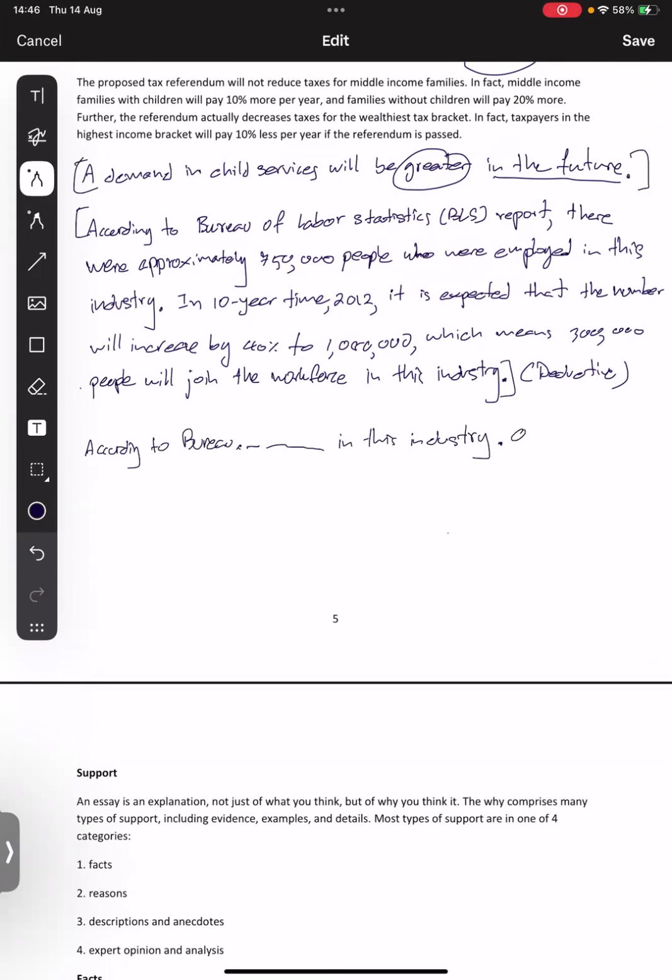So I can say, overall, it can be seen that child services will be in greater demand in the future.